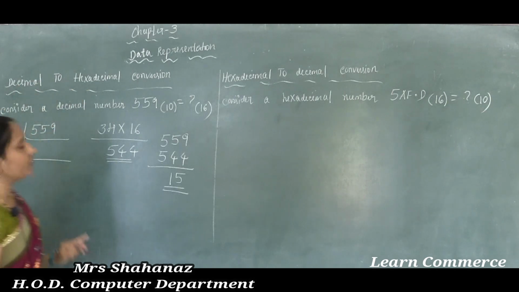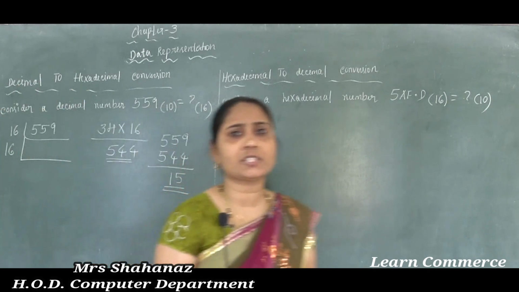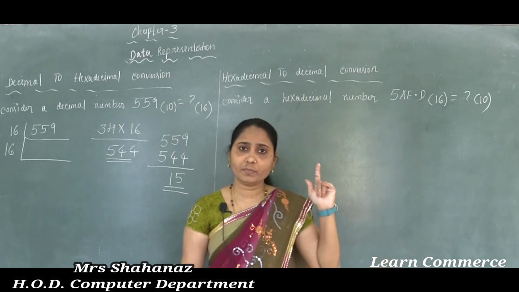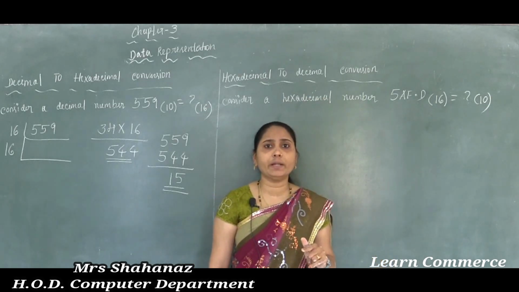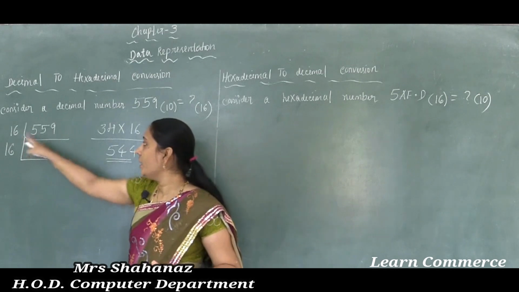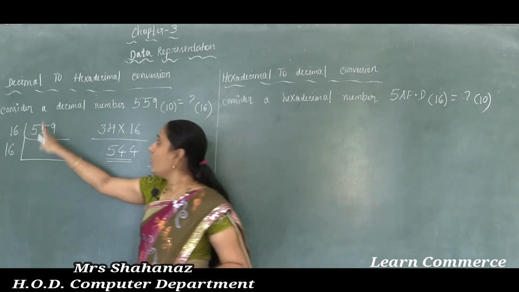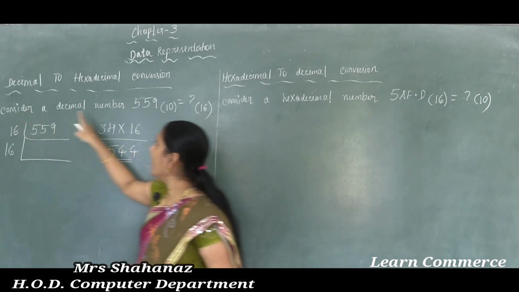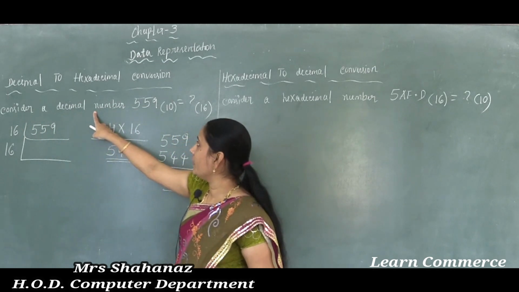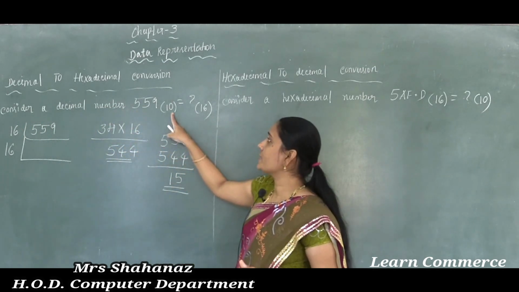In this case we need to follow the same steps. Step 1, divide the given decimal number by 16. Consider the decimal number 559 with base 10.